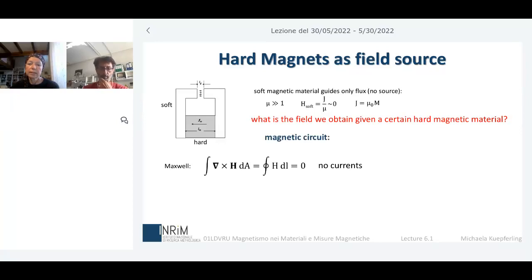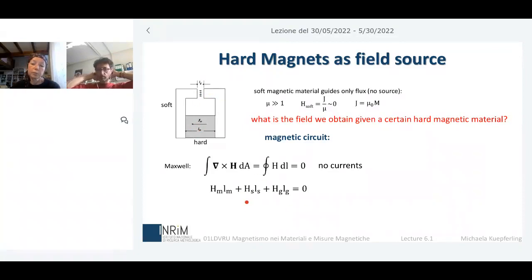Let's look at this magnetic circuit, and we use the Maxwell-Ampère law and the theorem of Stokes. Of course, we consider here that we don't have any electrical currents involved in the production of the magnetic field. So then we can divide into these three areas: the area of the magnetic material, the area of the soft magnetic material, and the area of the gap.